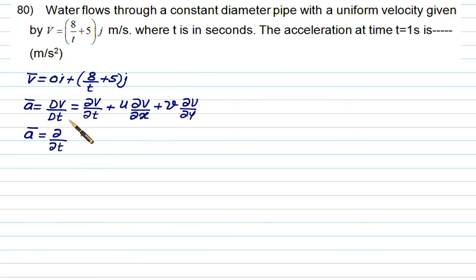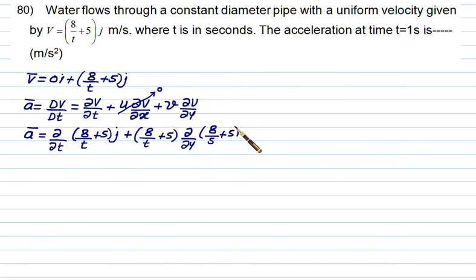The first component is meaningless, so we have 8 by t plus 5 j, plus the u component is 0, so this value will vanish. You have to directly write down the v value. The v component is 8 by t plus 5, into del y of velocity vector v, which is 8 by t plus 5.